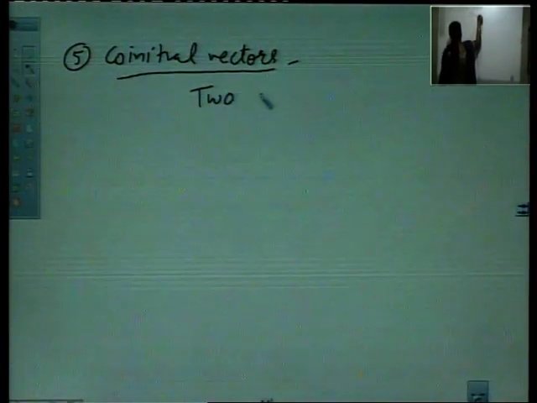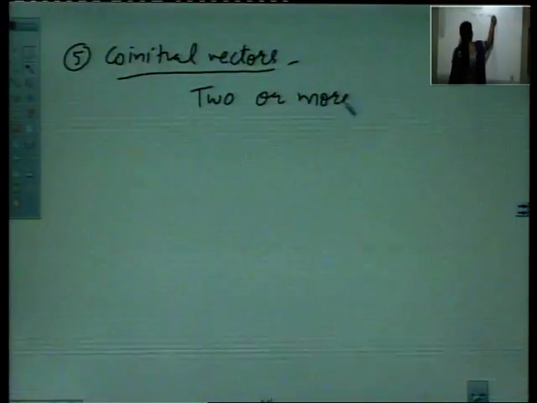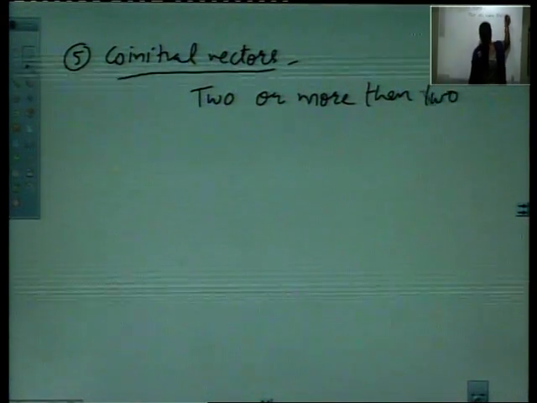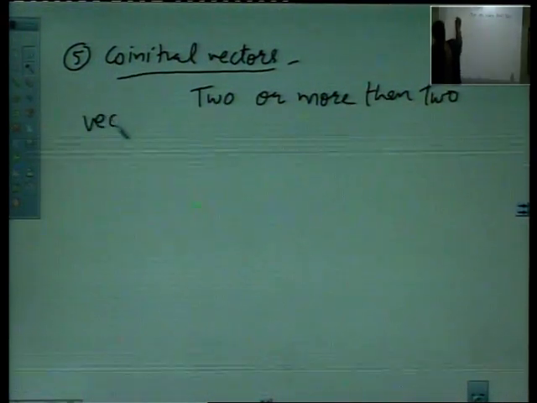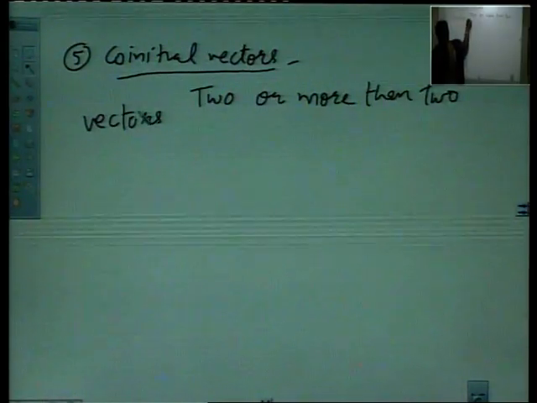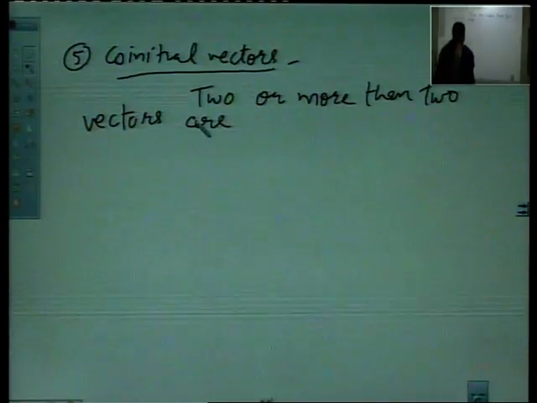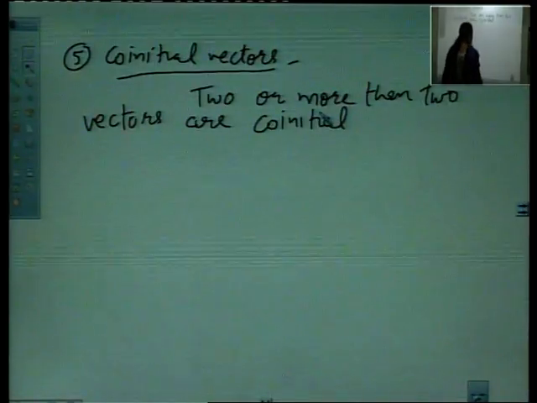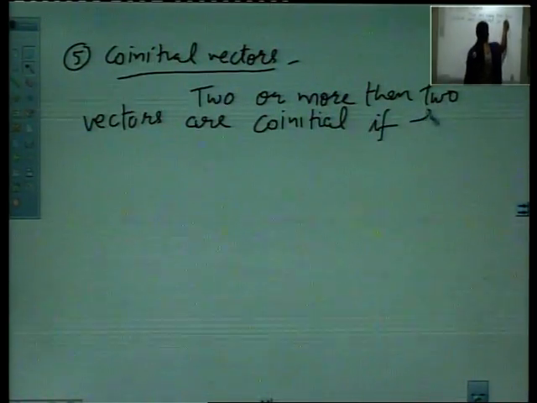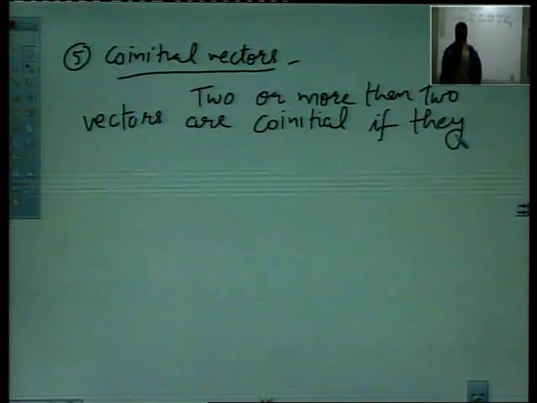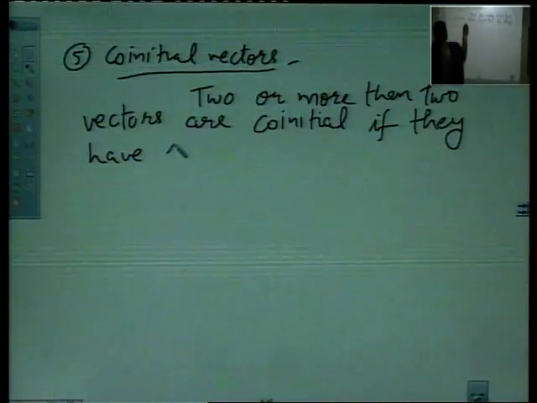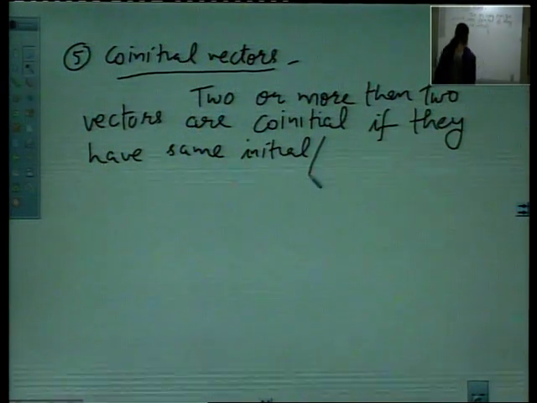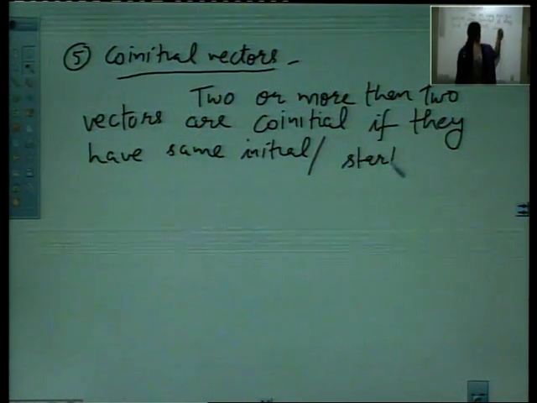So two or more than two vectors are co-initial if they have the same initial or starting point.